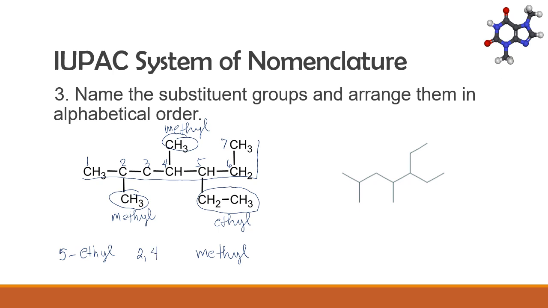Because there are two of them, we use a prefix to indicate this number. In this case, we use di. If there are 3 methyls, we use the prefix tri. If there are 4, we use the prefix tetra. So we have 5-ethyl, 2,4-dimethyl as our substituents.